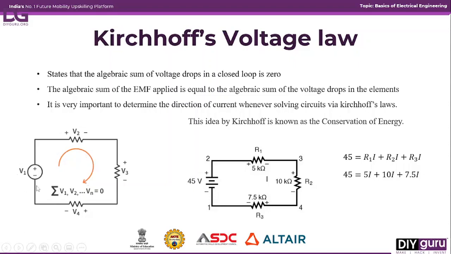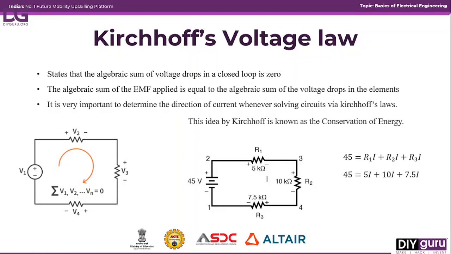See, this is the source V1, and here we have one resistor, and another resistor here. The voltage drop across this resistor is V2 and the voltage drop across this resistor is V3. Voltage drop is nothing but the current times the resistance, which gives the drop across the resistor.